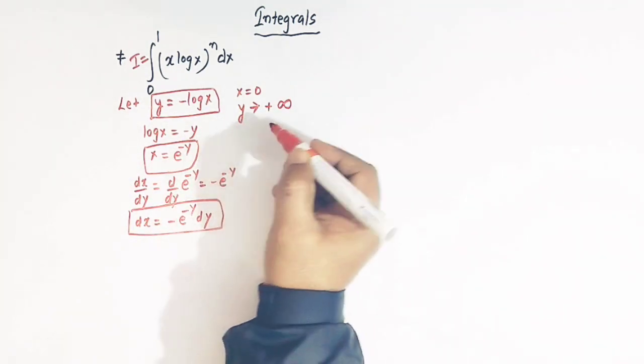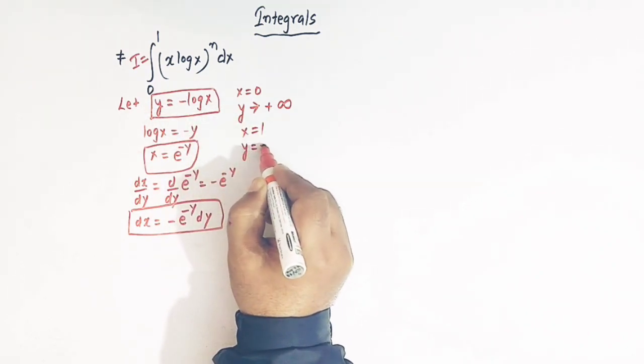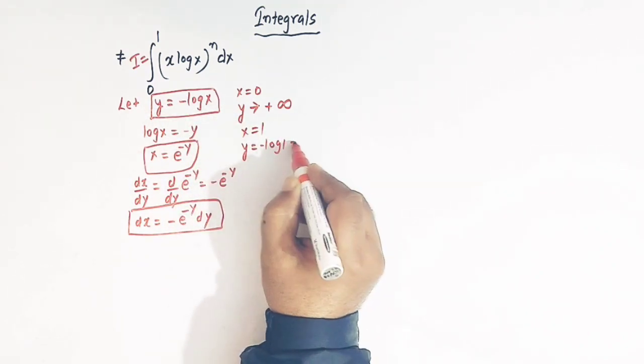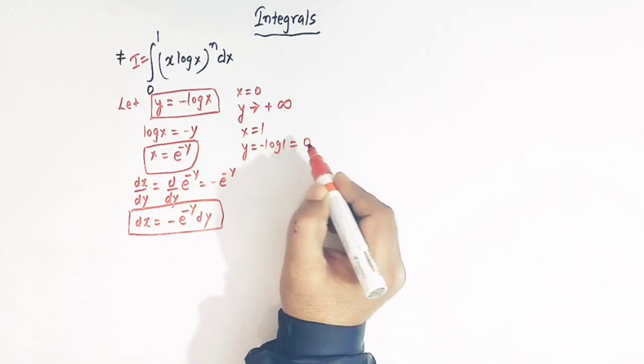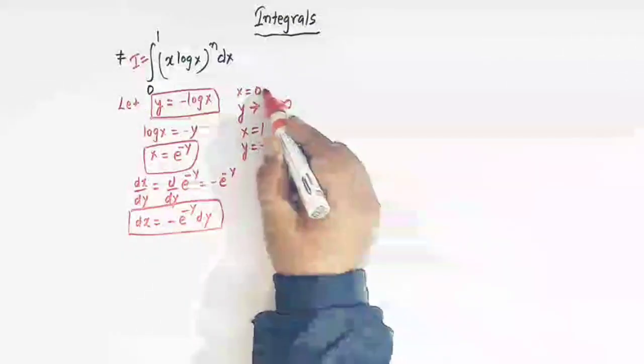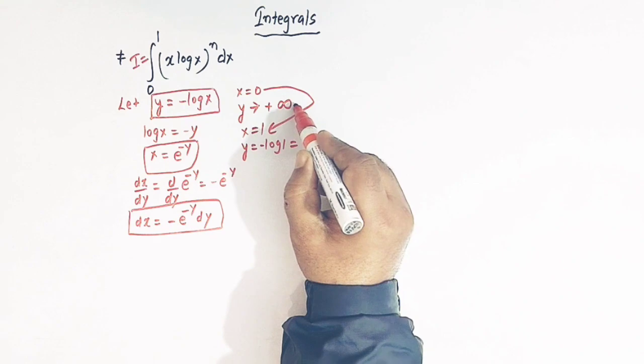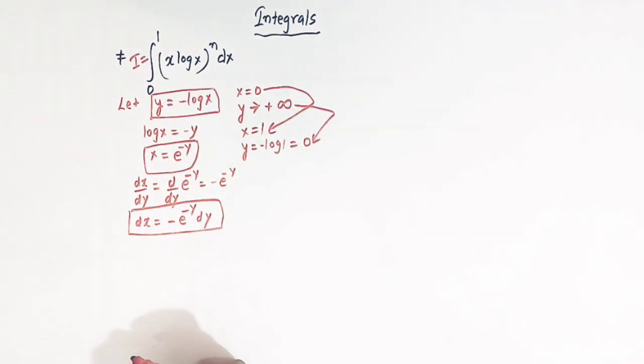And similarly, when x is 1, then y is equal to minus log of 1, which is equal to 0, because log of 1 is 0. So when x goes from 0 to 1, y goes from infinity to 0.